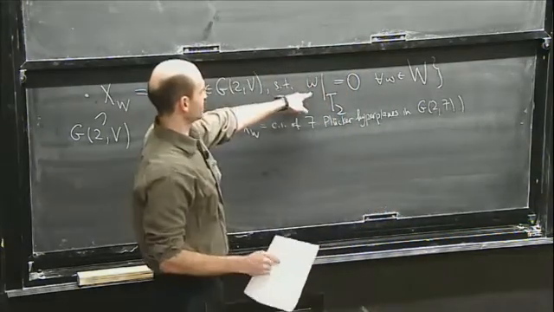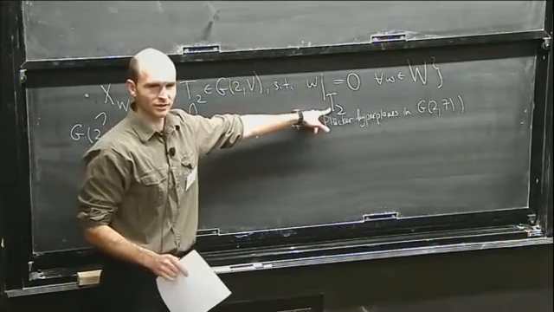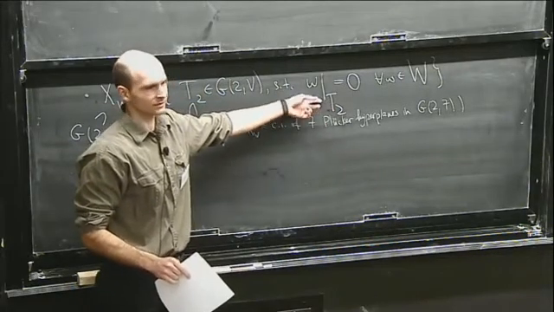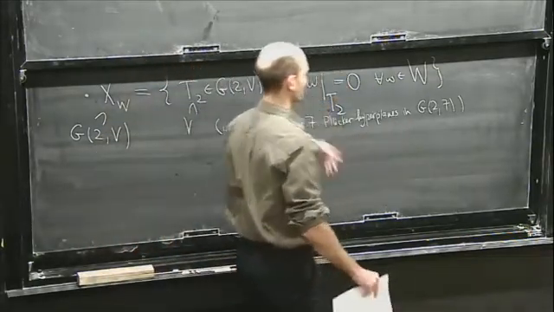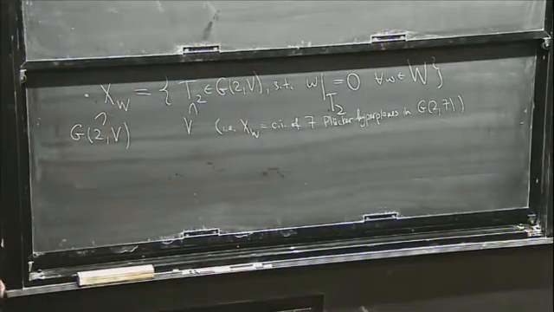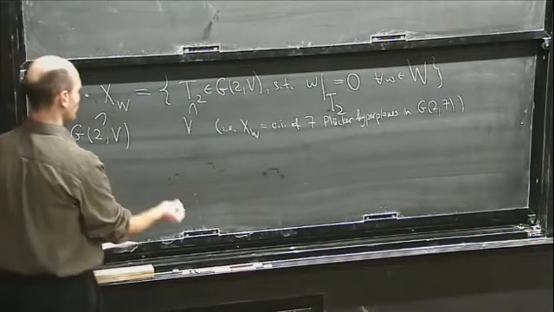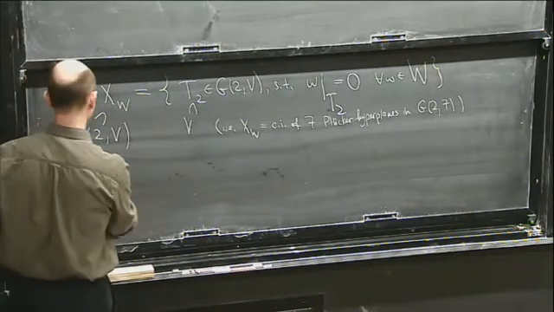The thing is, vanishing at a 2-dimensional space for a skew form is just one condition. So you have 7 linearly independent conditions that drops the dimension from 10 to 3, and by Bertini, generic W will keep it smooth. So it's a smooth 3-dimensional Calabi-Yau manifold. Calabi-Yau is by adjunction.